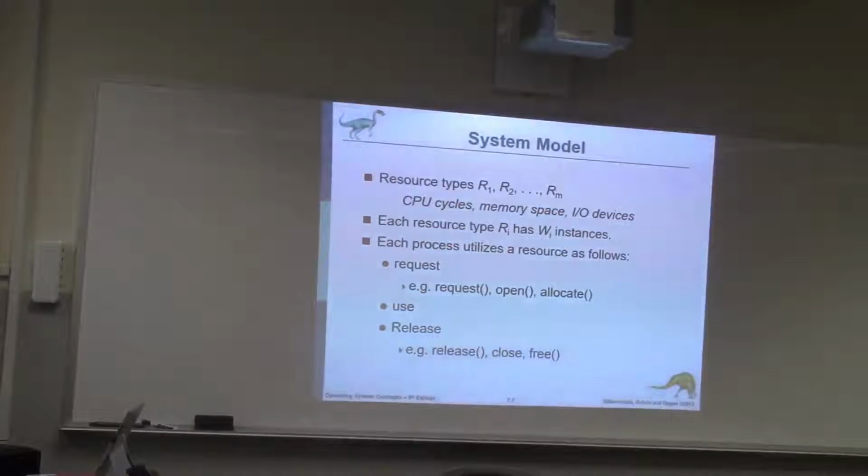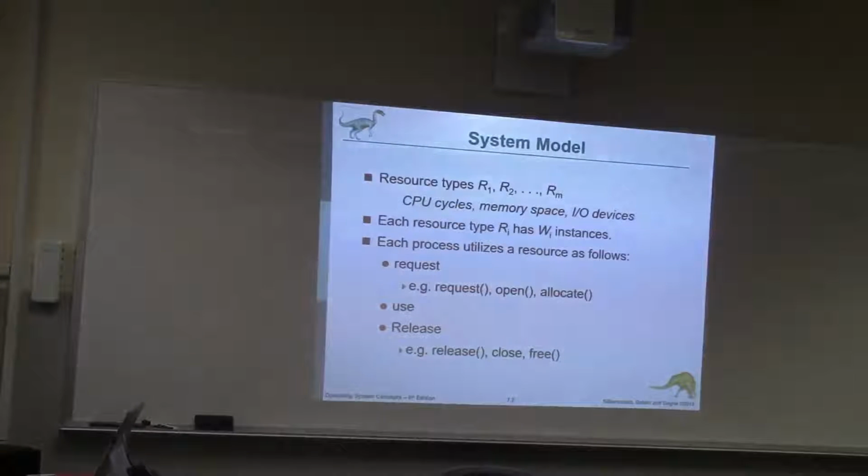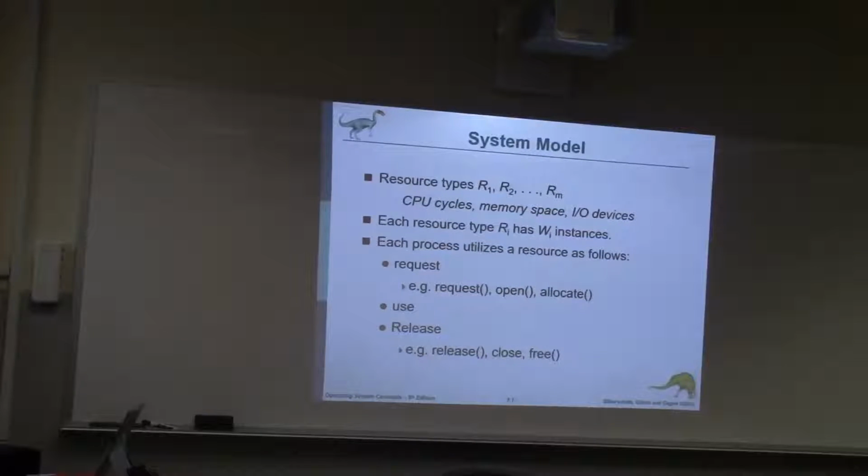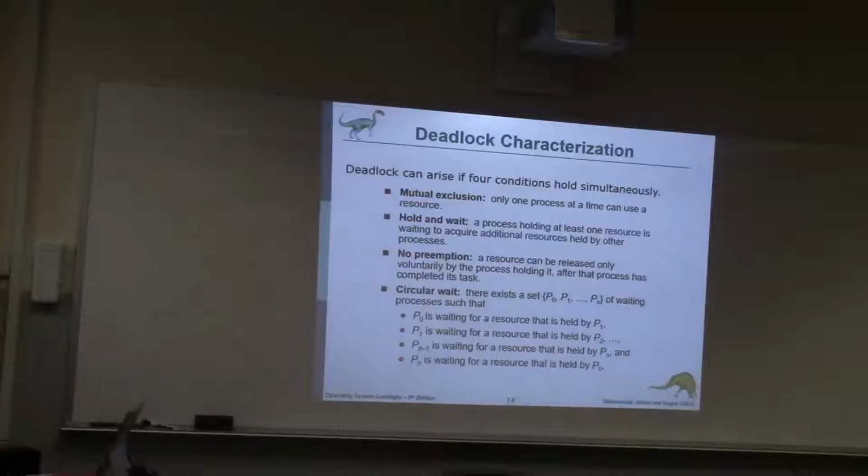Then after you read or write the file, you close it with fclose. It's the same mechanism: request, use, release. What about a lock? The semaphore is the same. You wait, then enter the critical section, and signal. It's the same idea: request, use, release. Always using this pattern, a process can use the system resource.